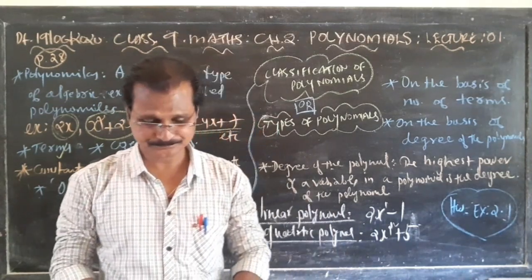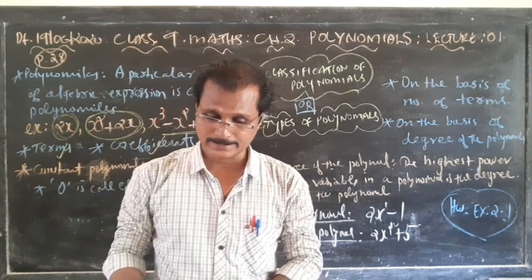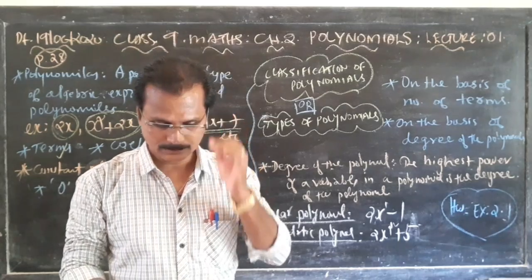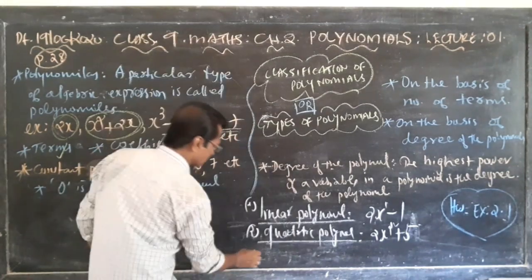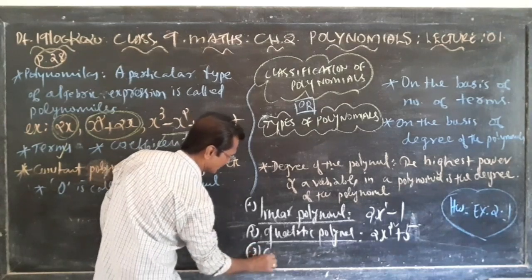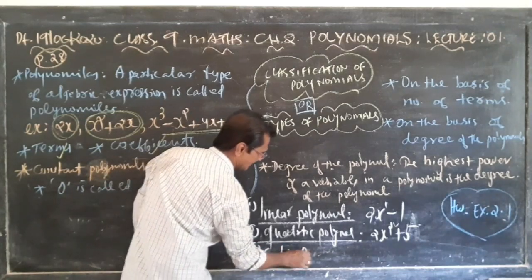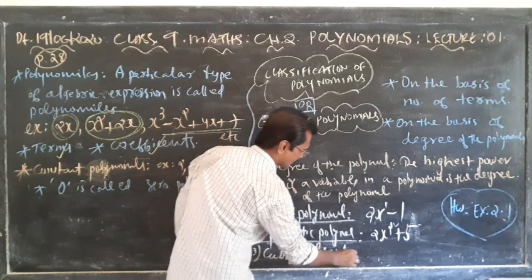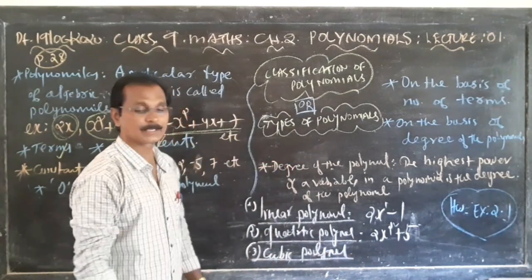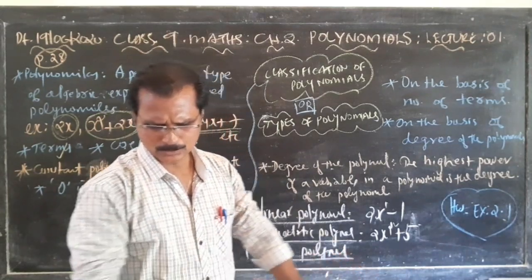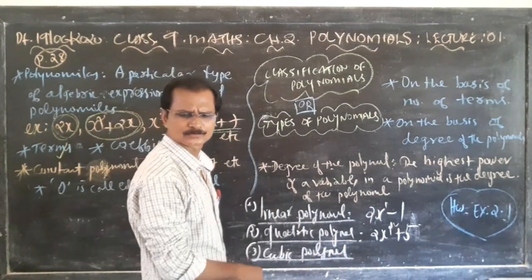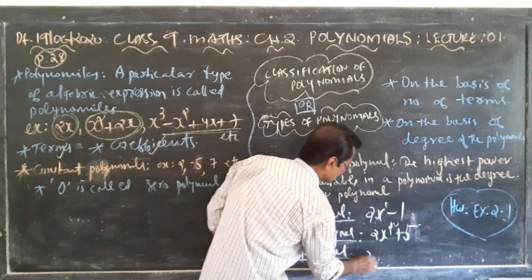And the third one, again the next paragraph on page number 31: a polynomial of degree 3 is called a cubic polynomial. Example of a cubic polynomial: 5x cube plus 2x cube plus 1.